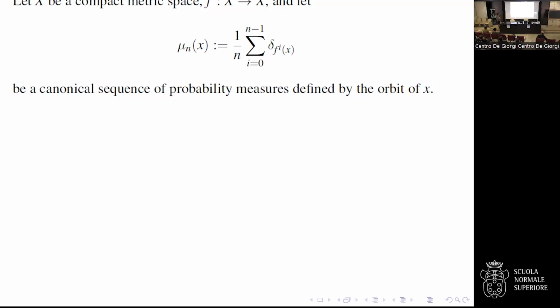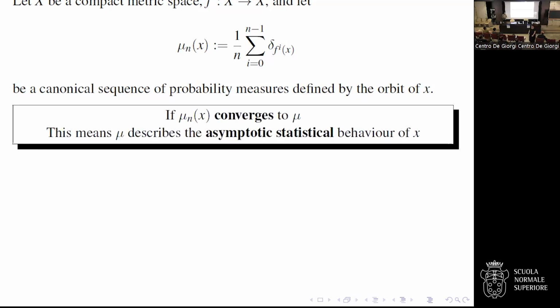So the fundamental question we ask about this is, so you have a sequence of probability measures.